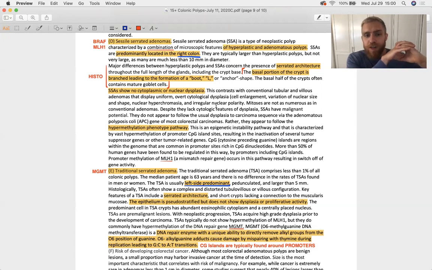As a result, growths in the left side tend to be annular or sessile. What does that mean? That means they're flatter. They don't stick out into the lumen. Why not? Because they don't really have enough space to grow out and do that.